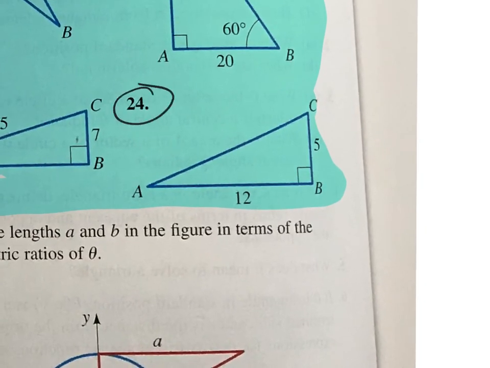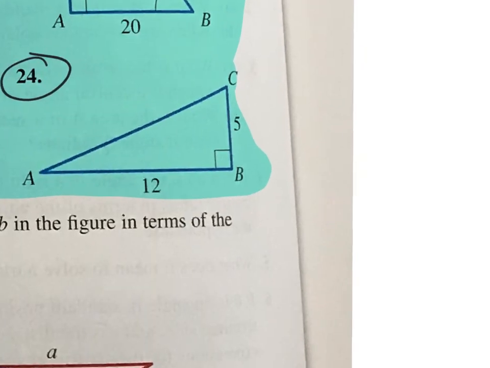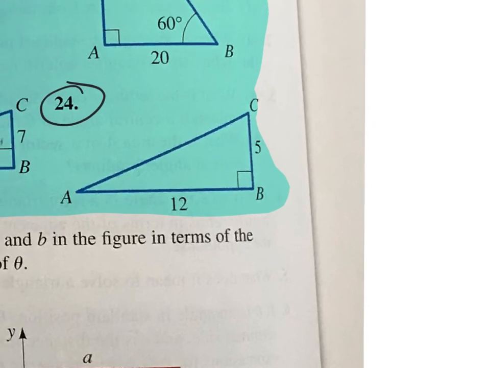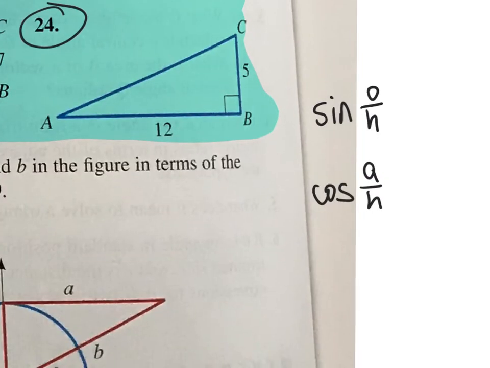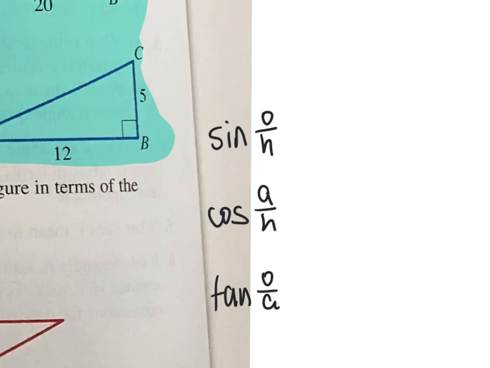All right, let's look at 24. I want you guys to tell me all 6 trig functions. First of all, let's go through and talk about them. What are the 6 trig functions? You have sine, which is what? Opposite over hypotenuse. Cosine is adjacent over hypotenuse. Tangent is opposite over adjacent. Good. Now our reciprocal functions.